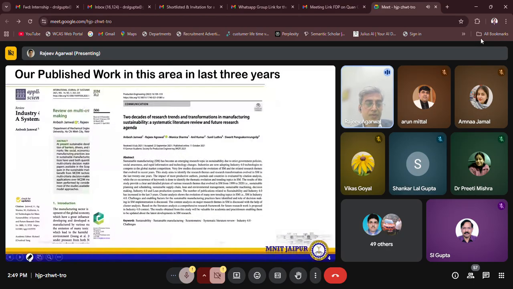Then there is one more very interesting paper published in Production Engineering: Two Decades of Research Trends, Transformation and Manufacturing Sustainability. Again, keywords: sustainability, sustainable manufacturing, systematic literature review, Industry 4 challenges. So if you want to do a literature review, to understand various research gaps, then you have to take a minimum of 20 years.